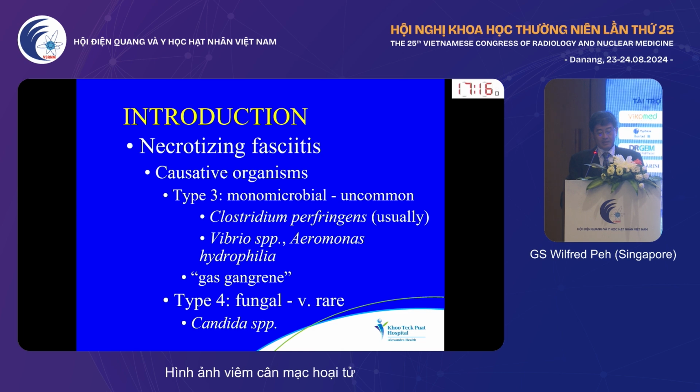The gas-forming bacteria, like Clostridium, is less common, but you often see radiographs of this showing gas because it looks nice on radiographs. And fungal infections are really rare. Personally, I don't think I've come across a single case of fungal infection causing necrotizing fasciitis. So in summary, the commonest one would be a mixture of anaerobic and aerobic organisms.